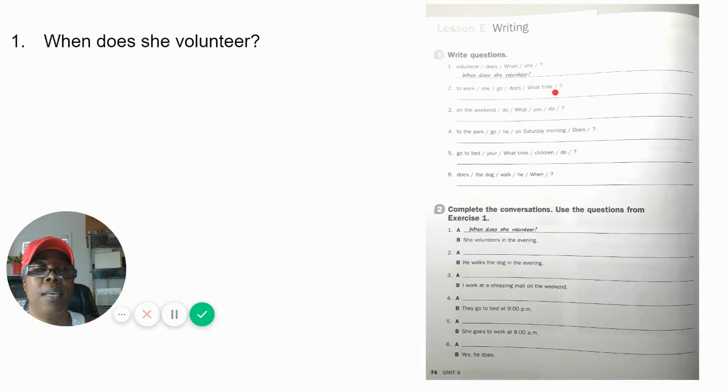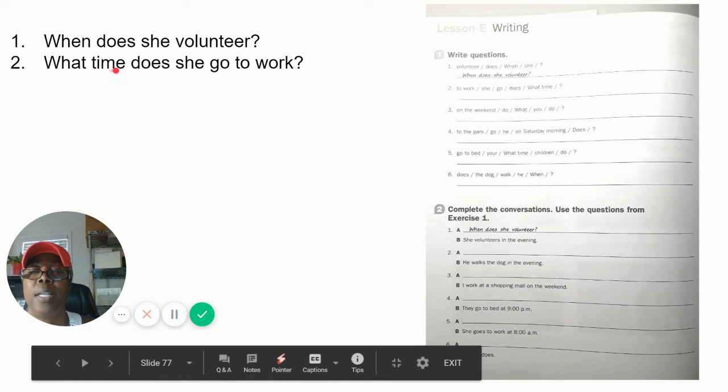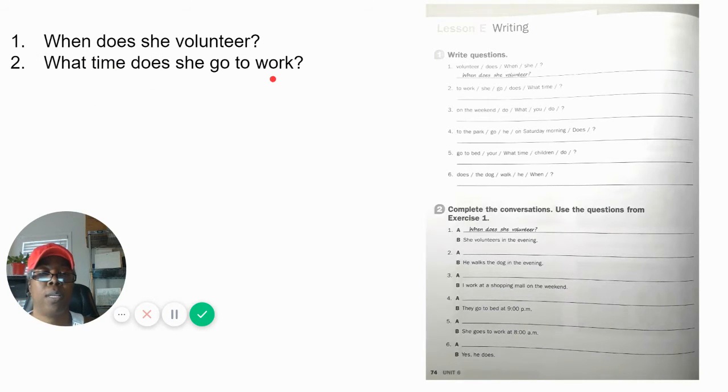What time? And then we have our helping verb, does. What time does? Our subject, she. Our main verb, go. And the rest of our sentence, to work. So number two, what time does she go to work? Question mark. Don't forget to put your question mark at the end of your sentence.